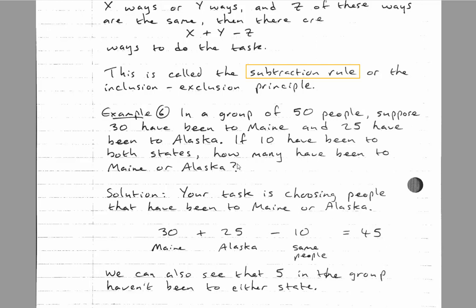Alright, so that's the answer to the question. 45 people have been to Maine or Alaska. There were 50 people in the group, so that means 5 haven't been to either state.